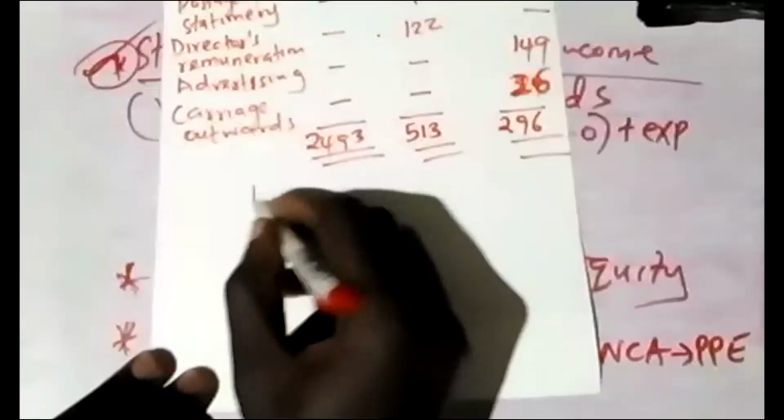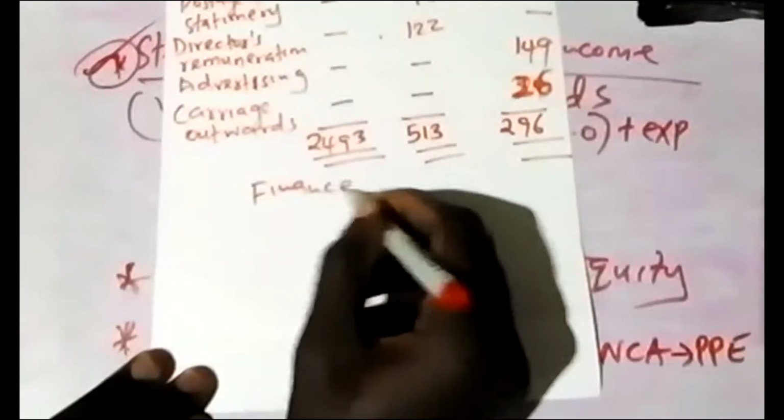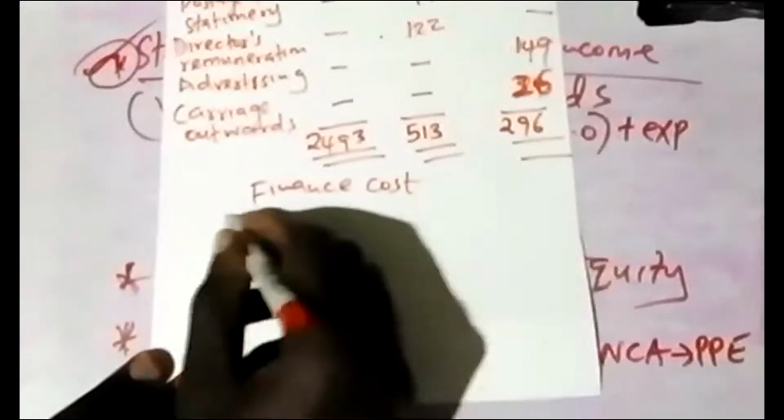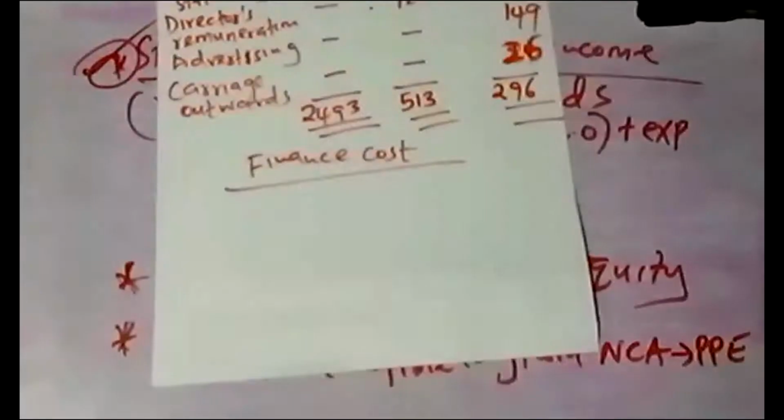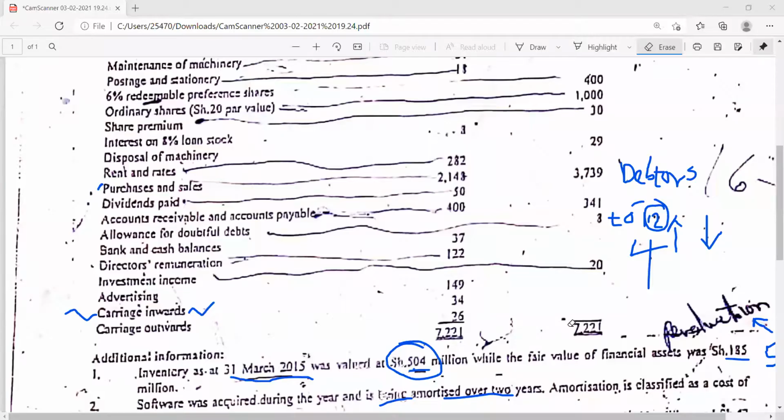So finance cost. For the finance cost, you consider your interest. You consider the items of loan. Like now I can say I have 6%.